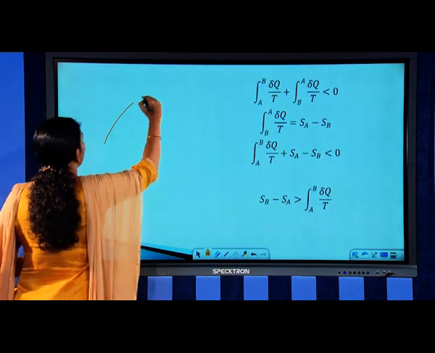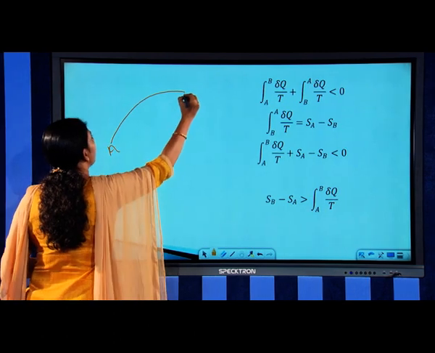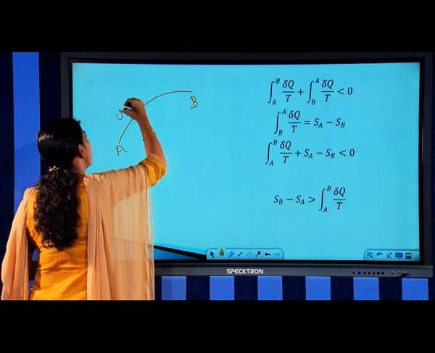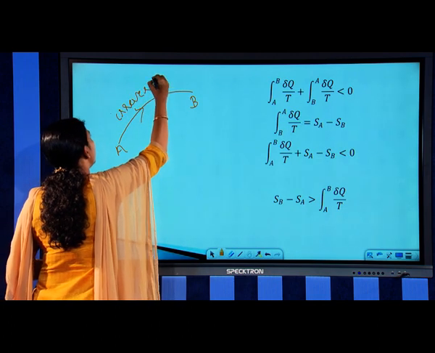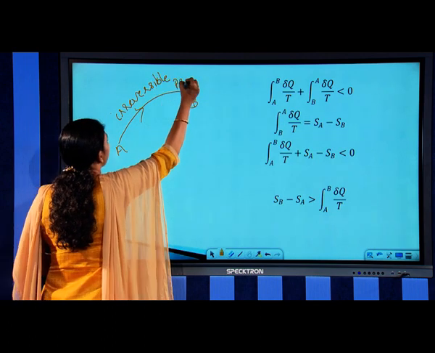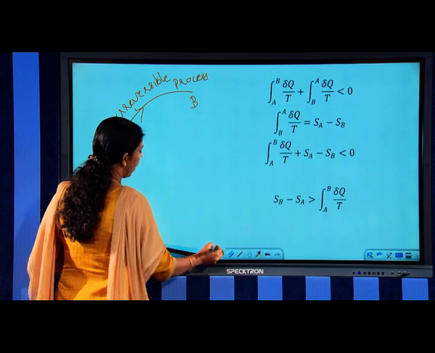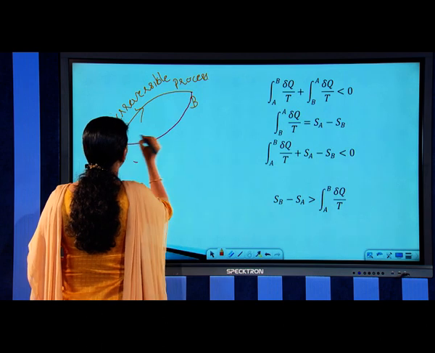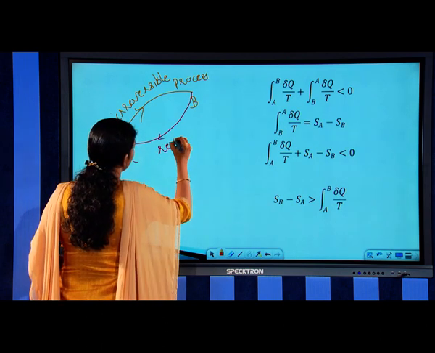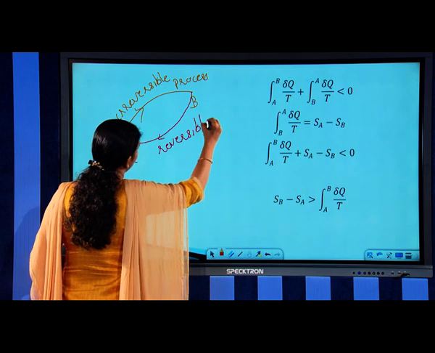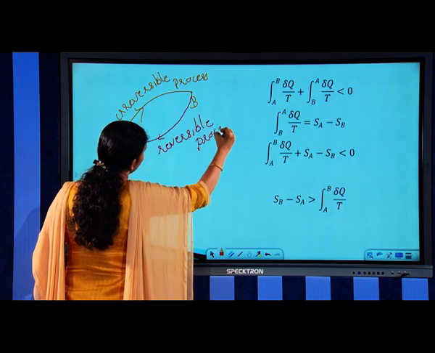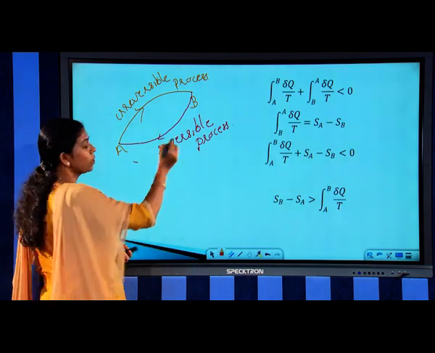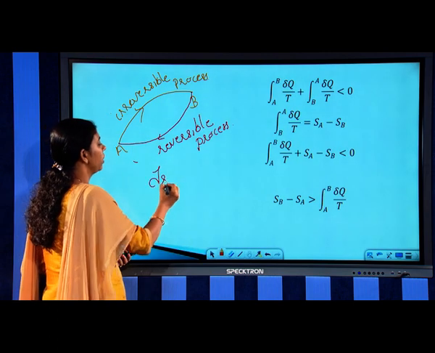That is, imagine a body is taken from A to B through an irreversible process, and then B is taken back to A through a reversible process, so that the whole cycle becomes irreversible.